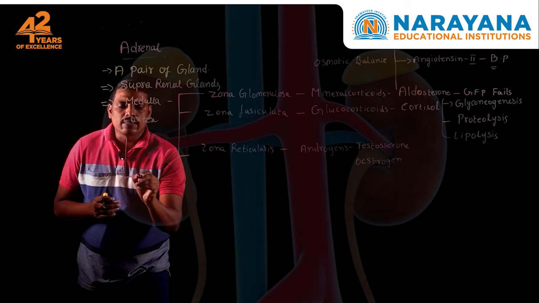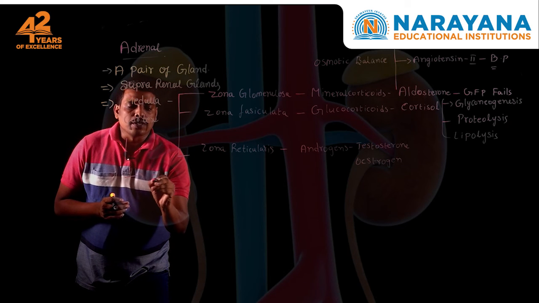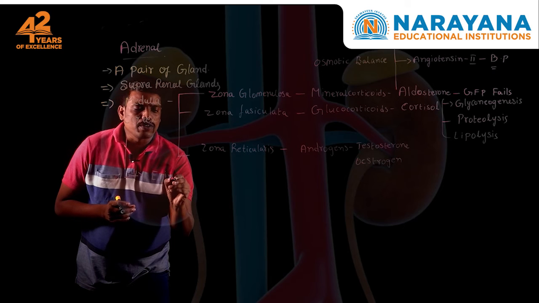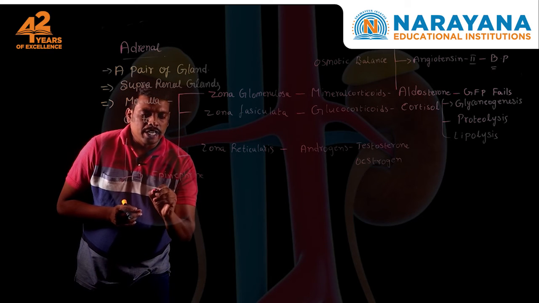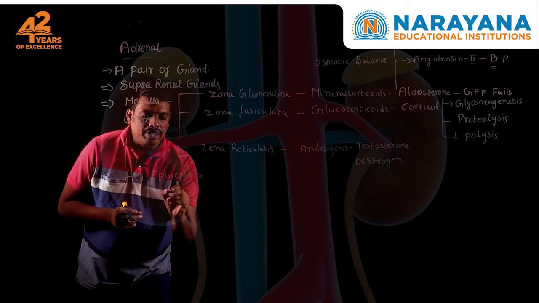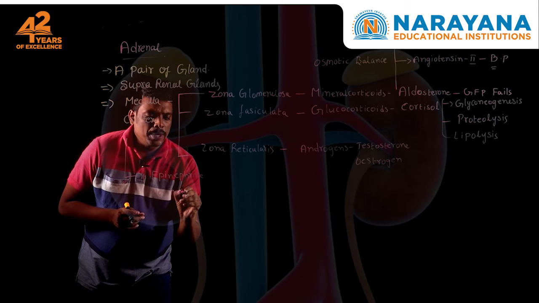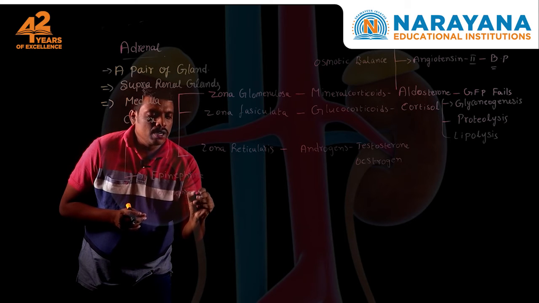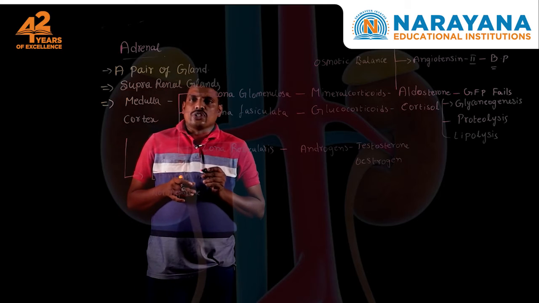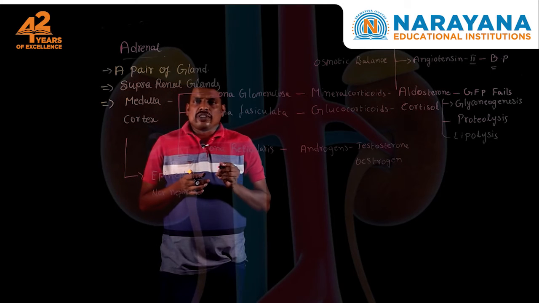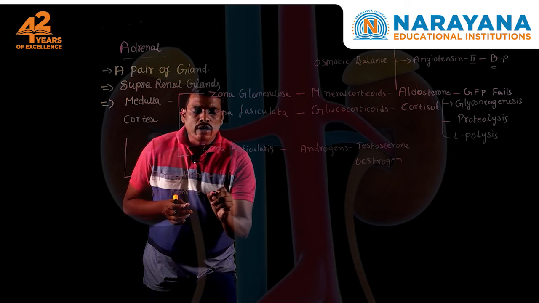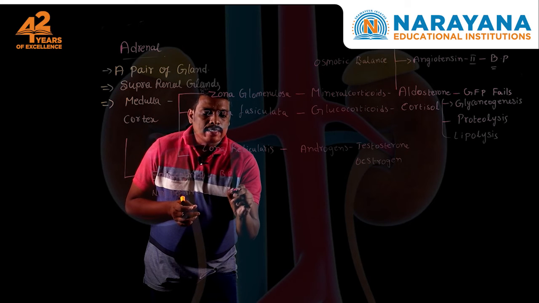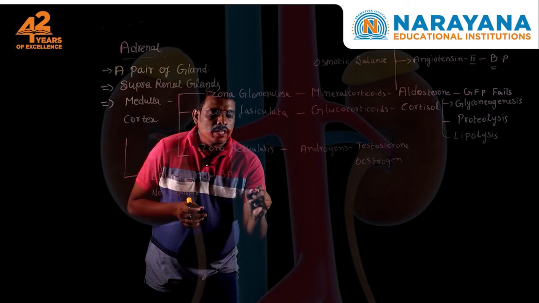What about the cortex? The cortex produces two major types of hormones, epinephrine and norepinephrine. Do you know? Epinephrine and norepinephrine work opposite to each other. Epinephrine helps in increasing blood pressure, while norepinephrine decreases the blood pressure.